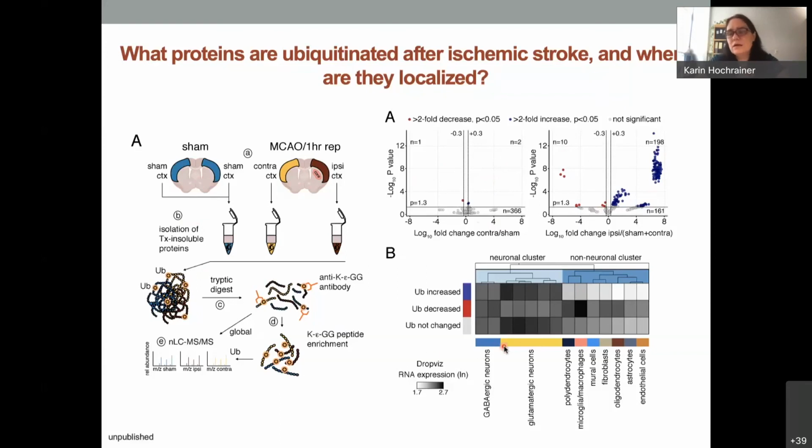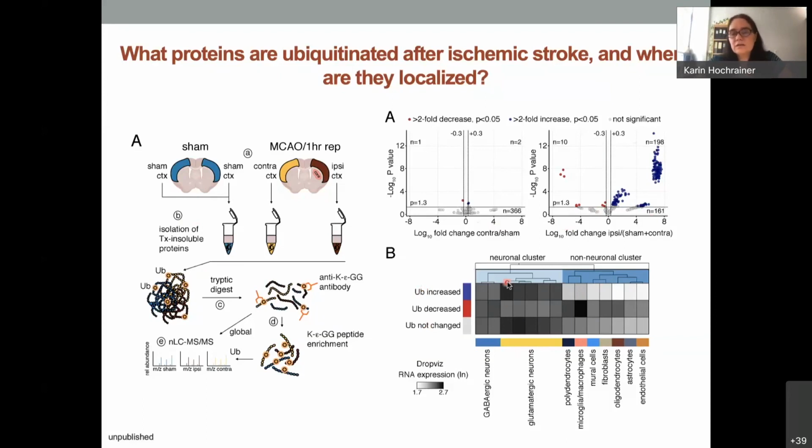To begin to assess where these proteins are localized and expressed, we took our data set and ran it against an RNA-seq database that's publicly available from the McCarroll lab. They used adult mouse brain to map out expression profiles of genes.